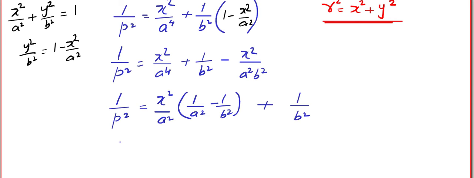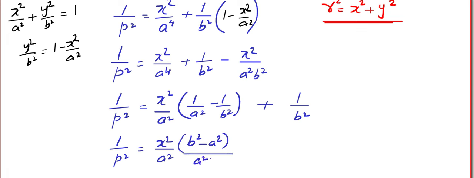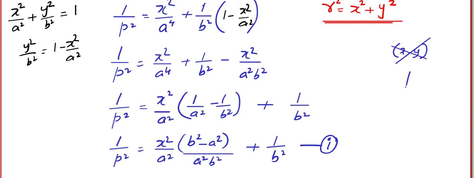That is 1 by p square is equal to x square by a square into, taking LCM, b square minus a square by a square b square, plus 1 by b square. I think it's better to call this equation number 1. So once more, let me tell our aim. Our aim is to destroy x and y and to insert p and r. We are almost successful. I have deleted y.